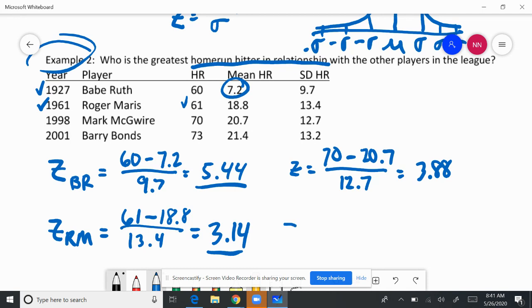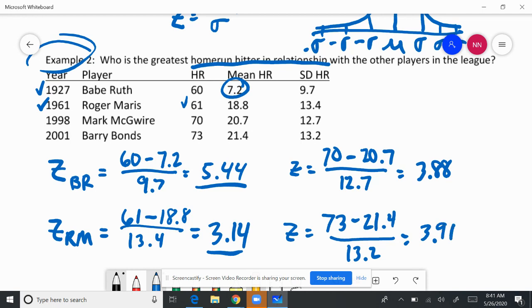So the last one that we're going to look at is Barry Bonds. So we're going to take the number of home runs that he hit, 73. We're going to subtract the mean number of home runs hit that year and divide by the standard deviation that year. Using our calculator, we get 3.91.